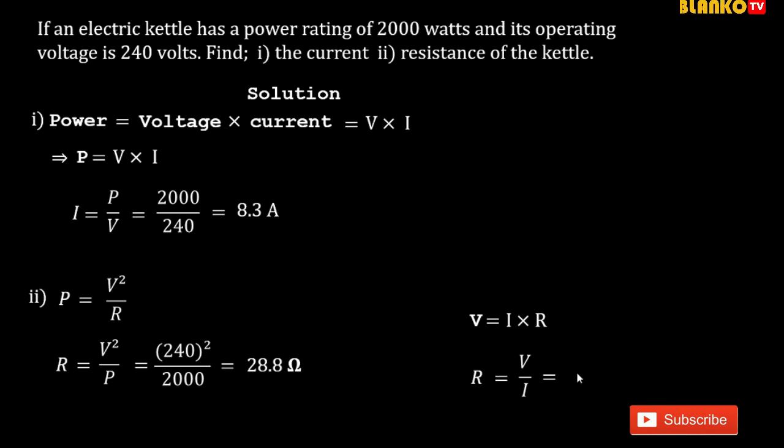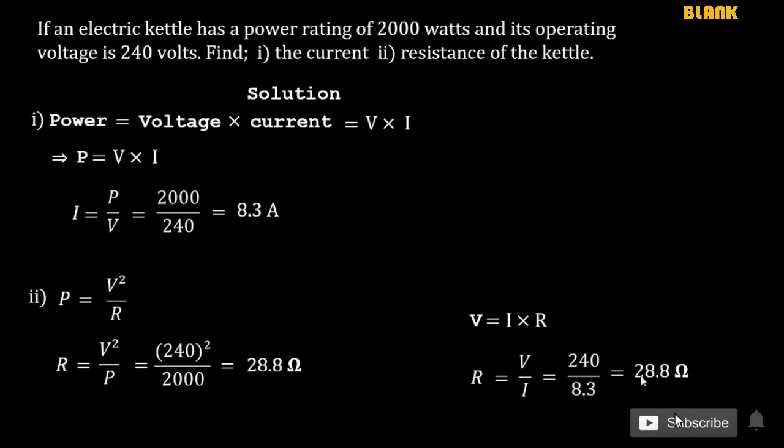So we have 240 over 8.3, which gives 28.8 ohms. So with P = V squared over R you get 28.8 ohms, and with V = I times R you still get 28.8 ohms as the resistance of the kettle.